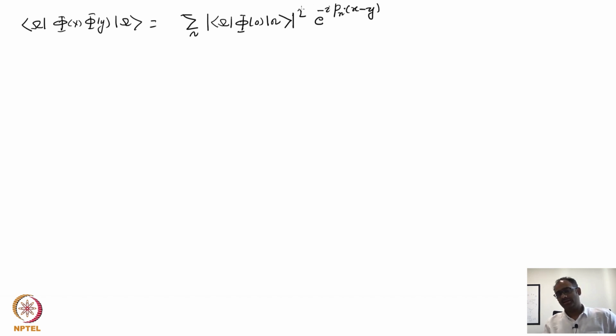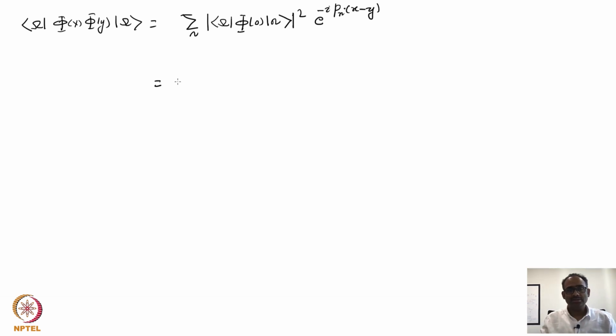It's not a function of x separately and y separately, but the functional form depends only on the difference between x and y. That's due to our translational symmetry. Now what I will do is write this down in the following form.